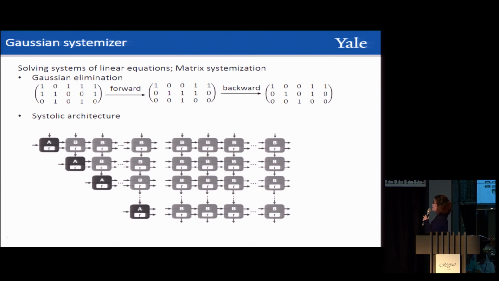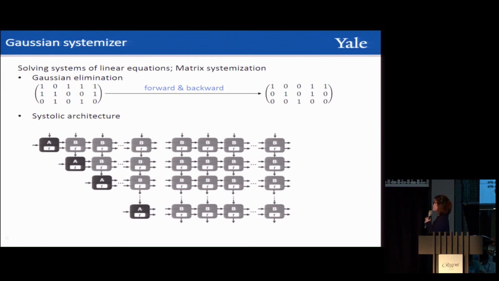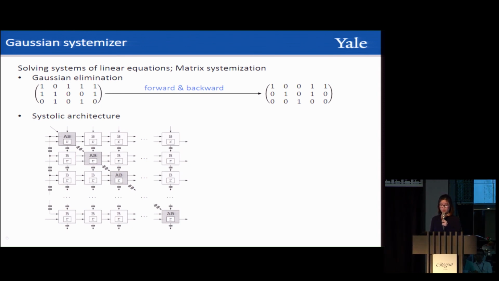So instead of applying these 2 phases, in our implementation, we combined the forward and the backward elimination. Therefore, we only need 1 phase to finish the whole elimination, which saved us a lot of cycles. And we also optimized the logic by combining these 2 architectures into 1. So now we only need 1 square processor architecture.